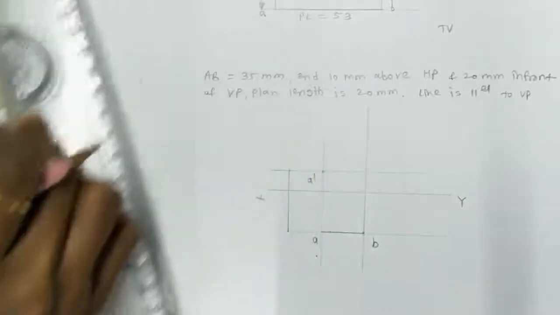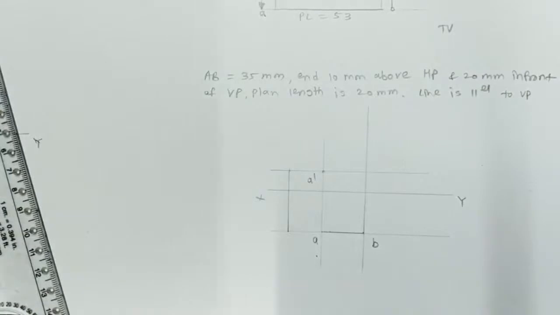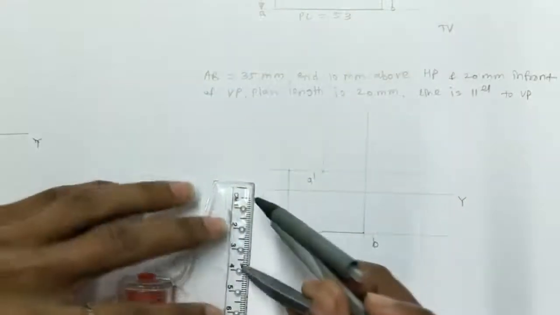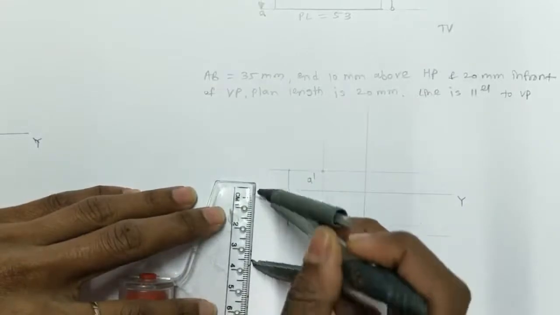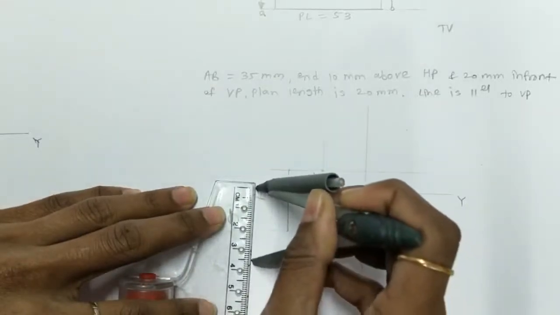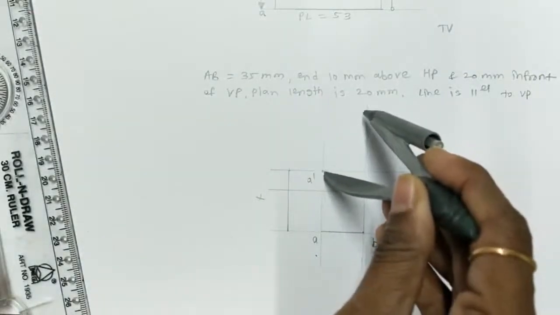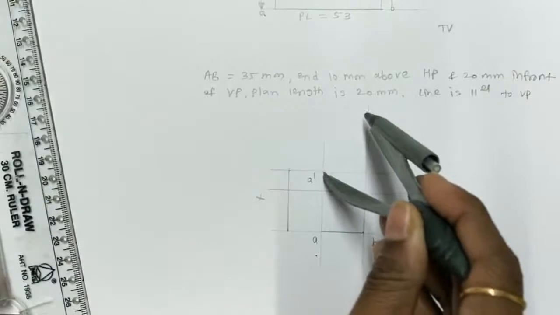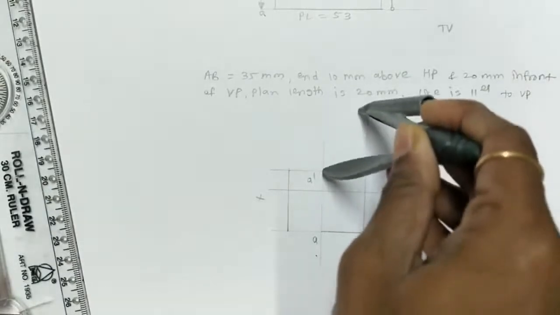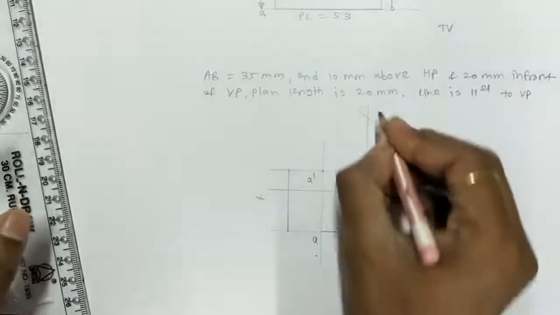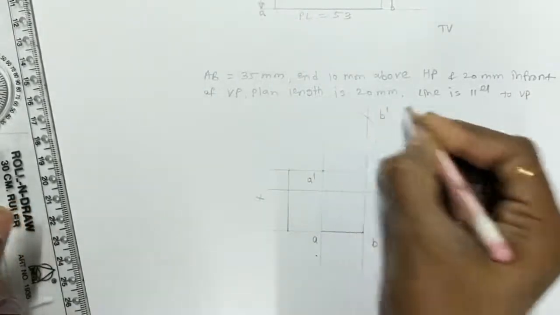Now measure 35 distance in rounder. And draw an arc on this vertical line. So here we got point B dash.